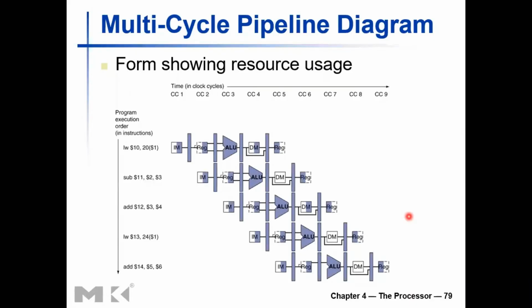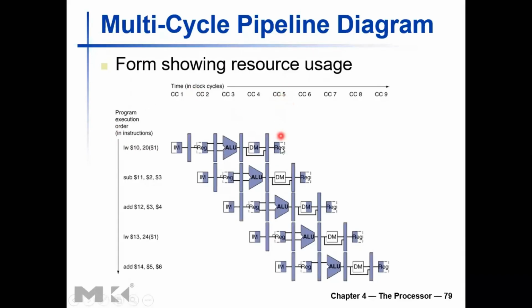Now let's have a quick look at a multi clock cycle pipeline diagram where we see the operations of multiple instructions in parallel at the same time, right? So if you just cut a section across these different data path operations for different instructions, you can see what happens in parallel in the same clock cycle.